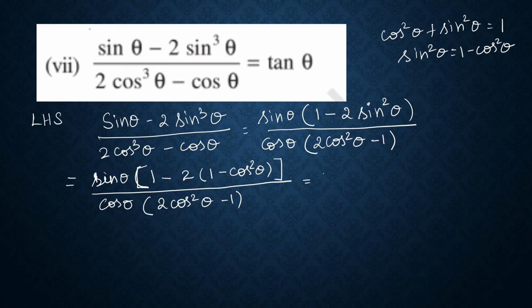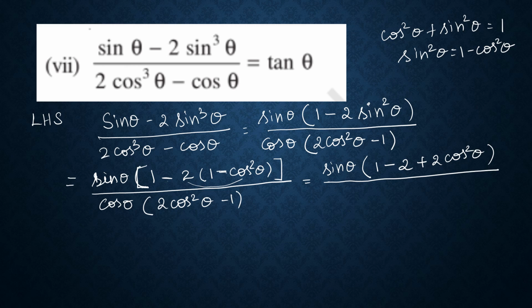Now this equals sin theta into 1 minus 2 ones are 2, minus 2 into cos square theta, and minus into minus will become plus, so plus 2 cos square theta, by cos theta into 2 cos square theta minus 1.